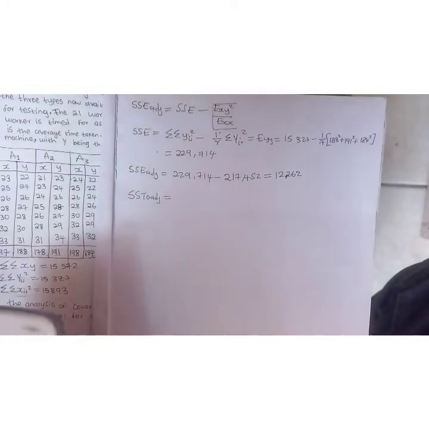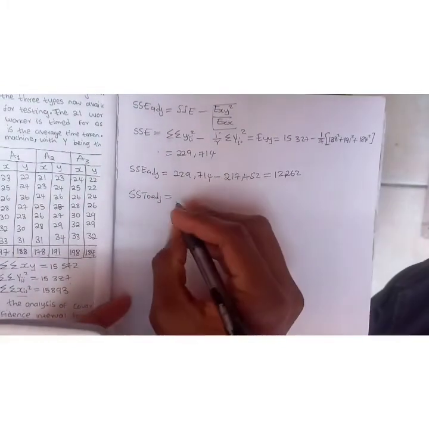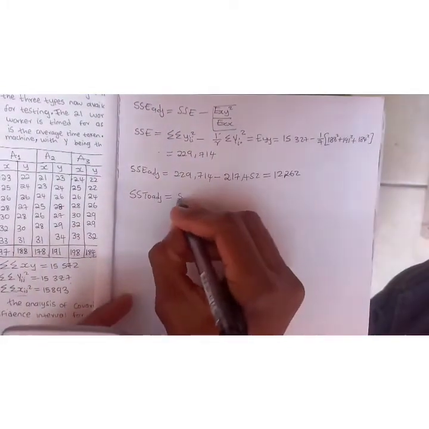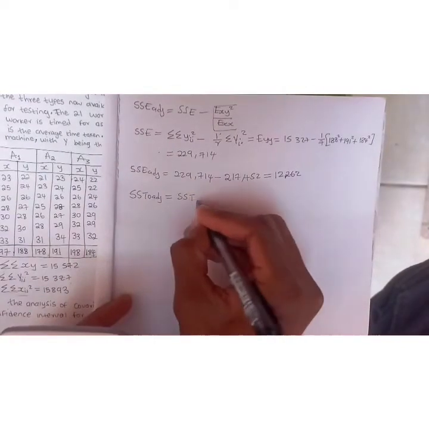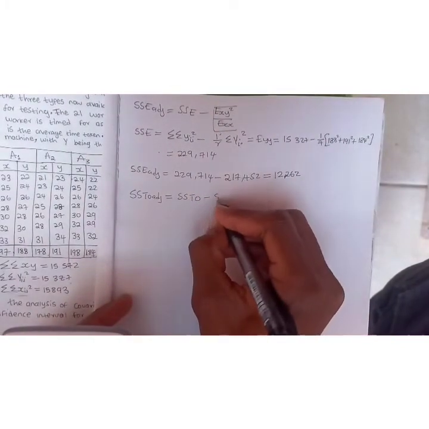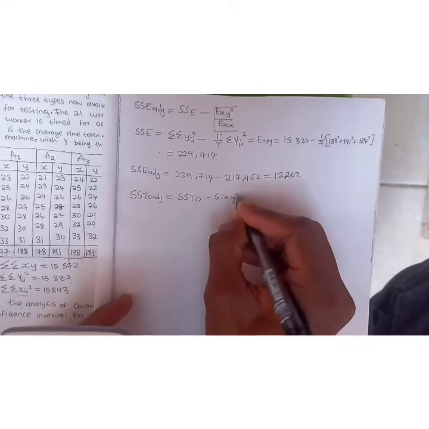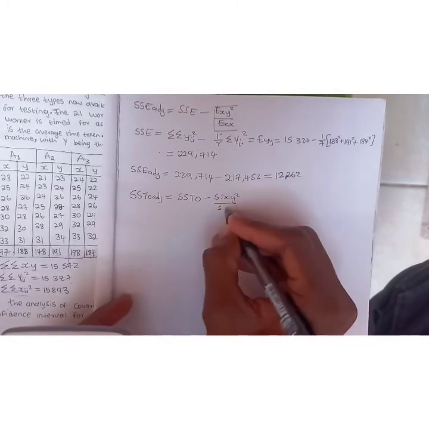So our SSTO adjusted will be given by SSTO minus SSXY all squared divided by SSXX.